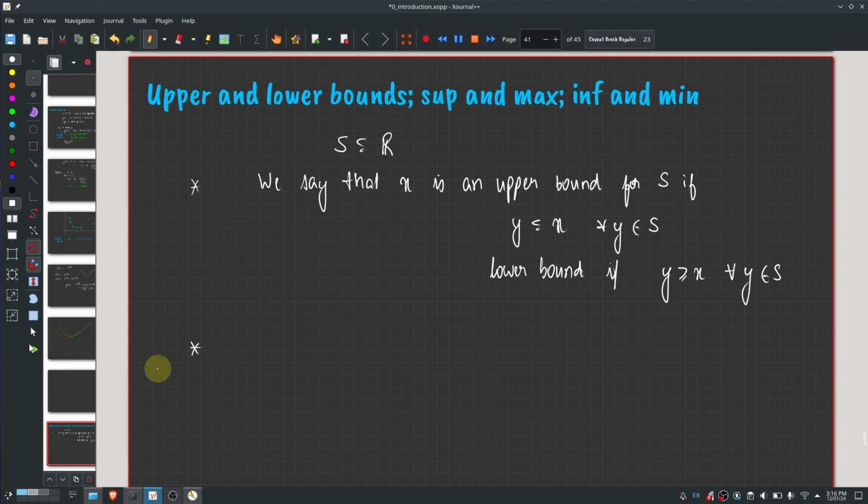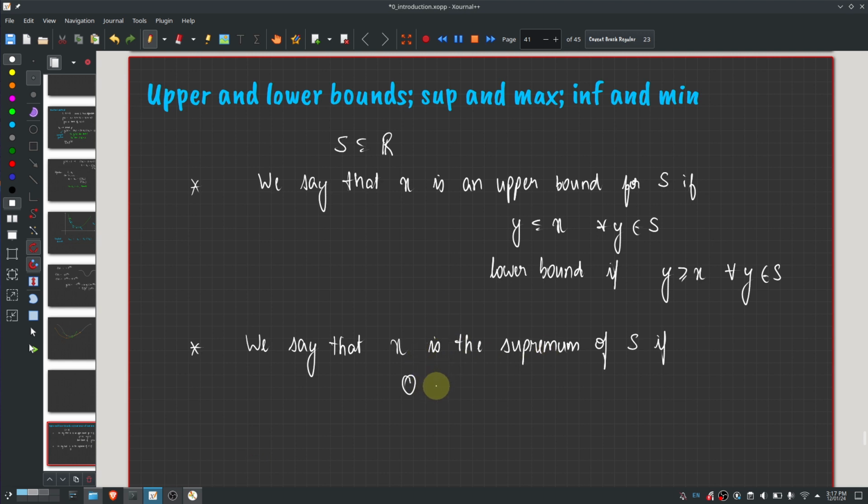But now given a set S, what do we mean by the supremum of S? So we say that it's a supremum if it is the smallest upper bound in some sense. All right.